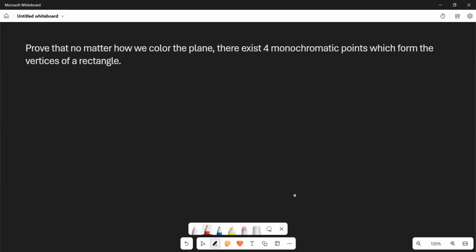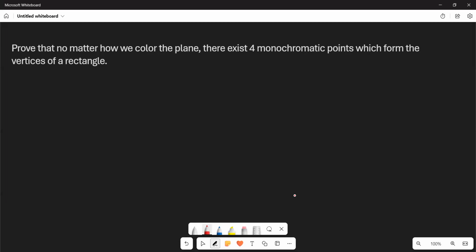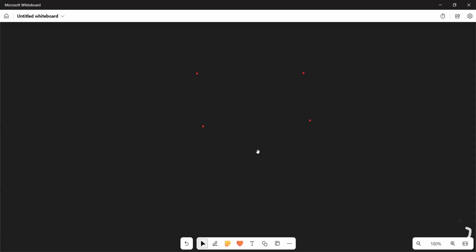What it's saying is, no matter what coloring you give me, since I'm a magician, for now it's a magic trick because we don't know why it works, there will always be some 4 points which form the vertices of a rectangle and are of the same color. Okay, so I hope the question is clear. If not, you can speak up right now. I'll wait a few seconds.